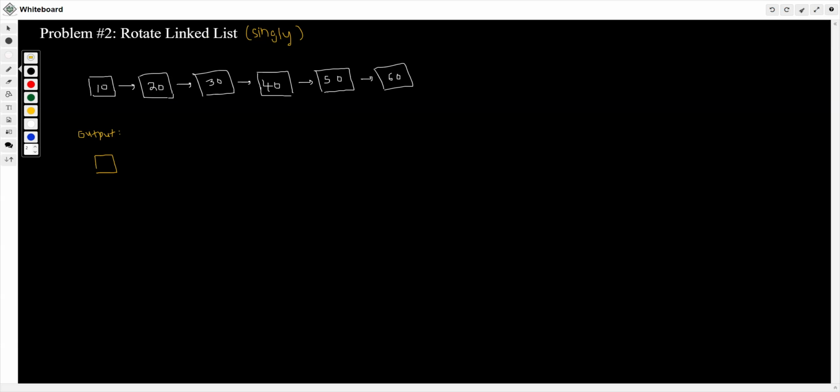The output would be 50, 60, 10, 20, 30. So we're just going to adjust some pointers today that will rotate this list by K. I'm just gonna draw a big old box.